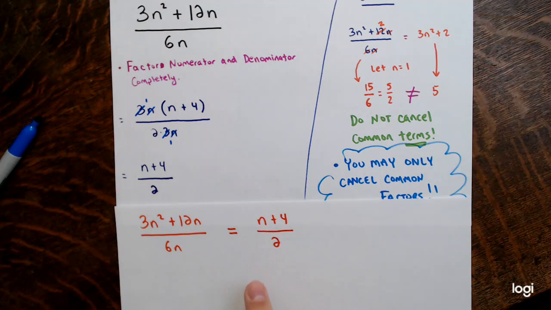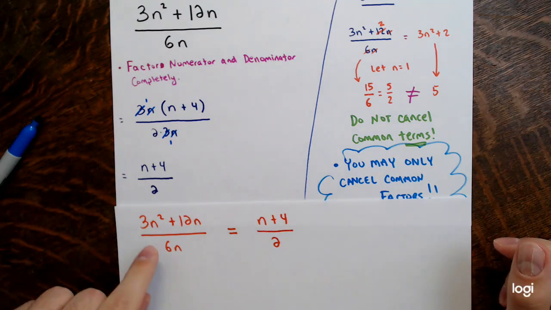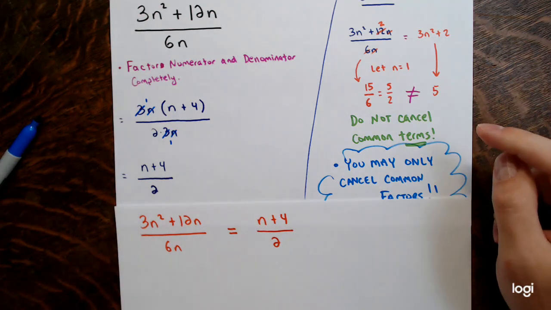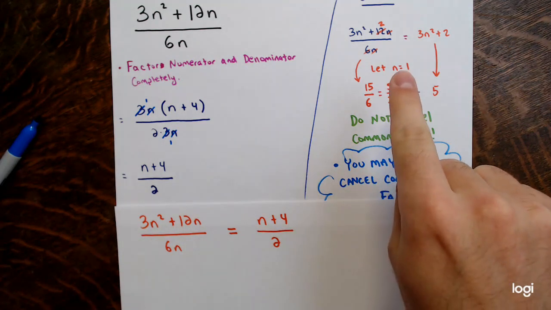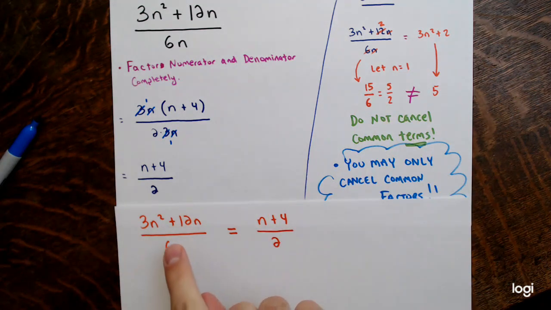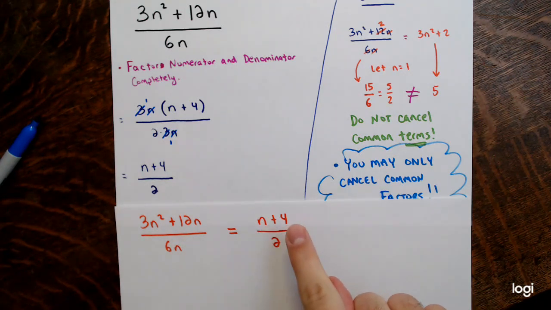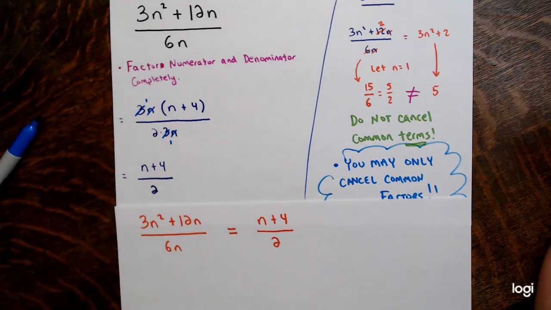This is not always the case. If n was 1, we'd get the 5 halves. We did that earlier. When n is 1, this is 15 over 6, or 5 over 2, and this would be 5 over 2 when n is 1. They're the same value. And you can try all sorts of values for n, and they'll be equal.